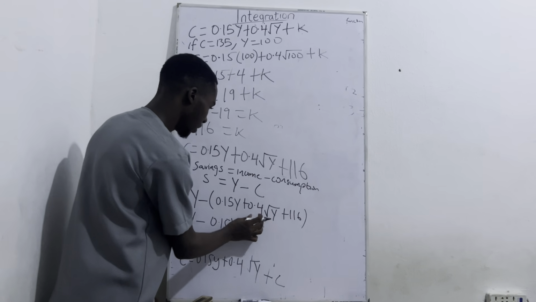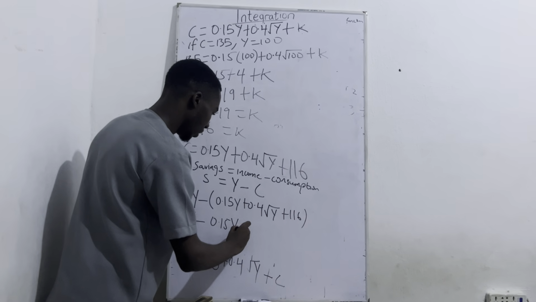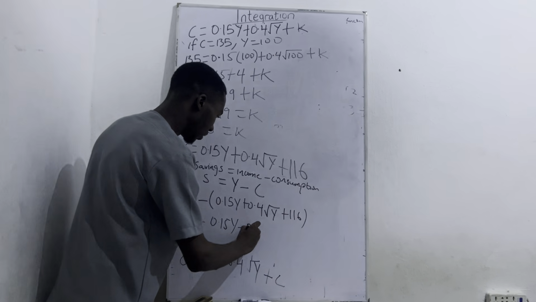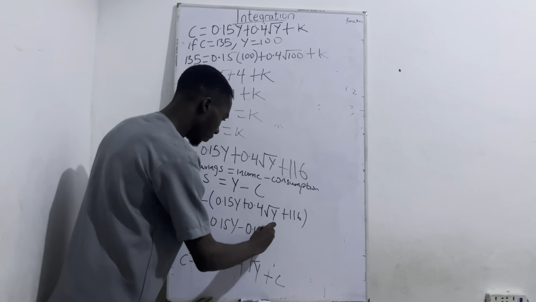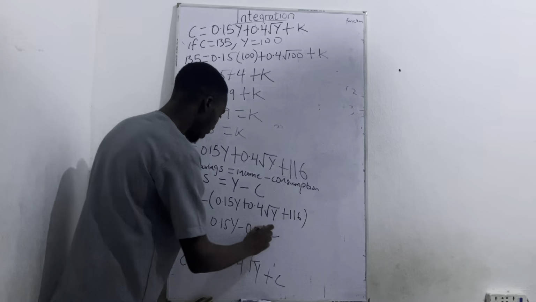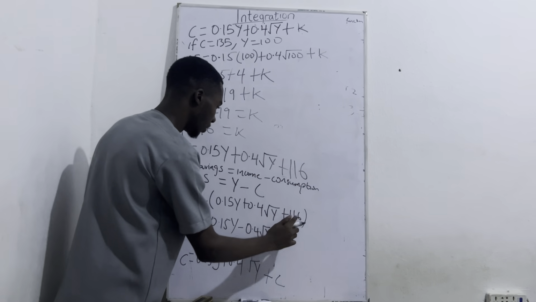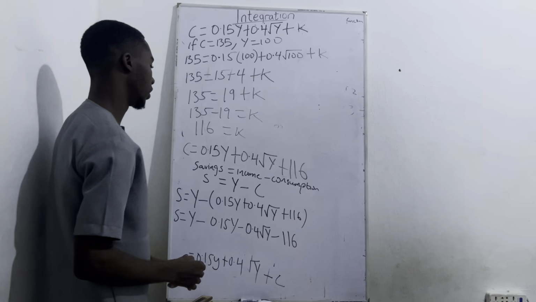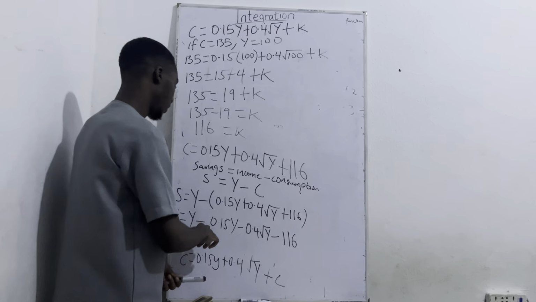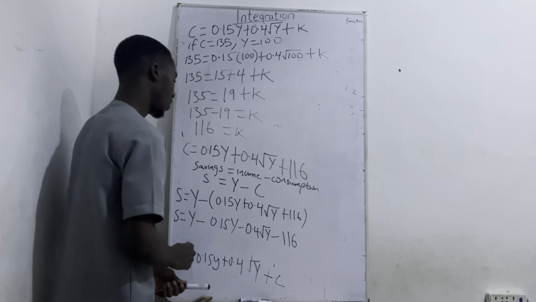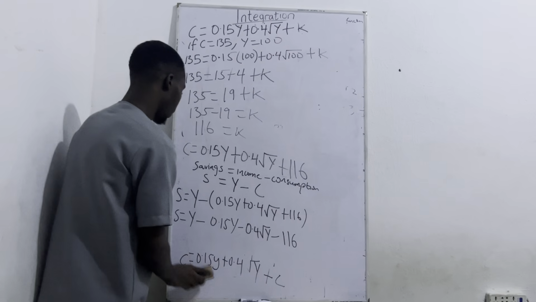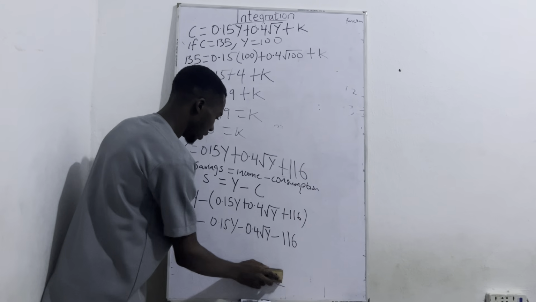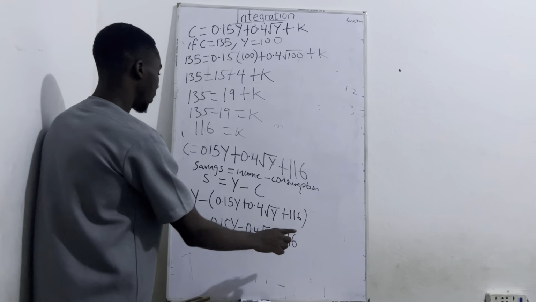Then minus, it will also affect this side. So minus, this side now becomes negative 0.4 root Y. Then minus, negative will also affect here, minus 116. You get it. So just put in your head the negative affects all this. That's why all of this has become negative.